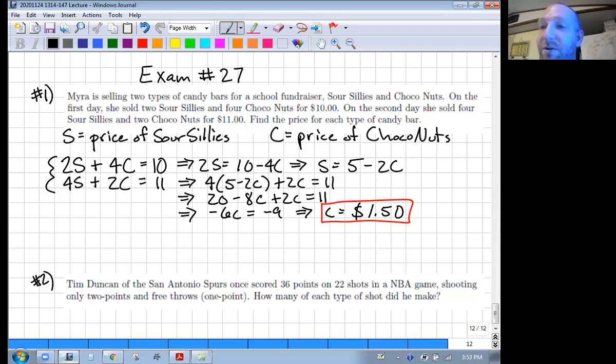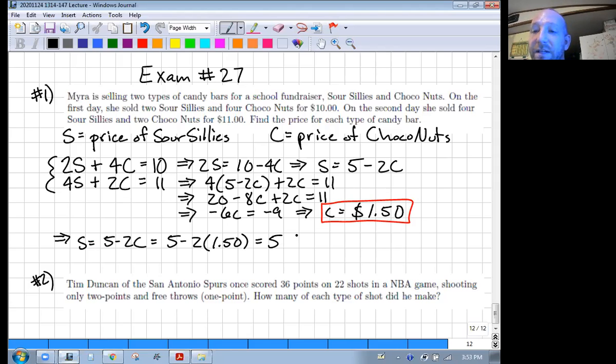Now that we know what the Choco Nuts cost, since we already have S in terms of C, S is 5 minus 2C. So this is 2 times $1.50, which is 3, so this would be $2.